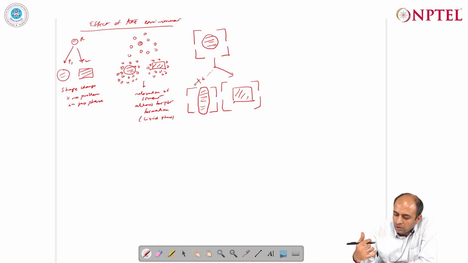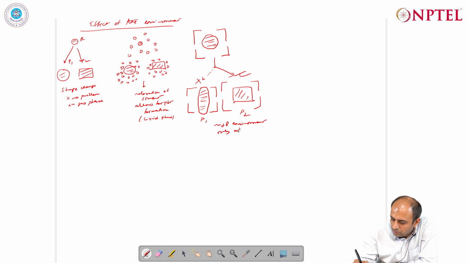If that boundary is crossed, it puts a lot of stress on the crystalline system, and therefore this product formation does not take place. Only this particular product, say for example P2, is formed, P1 is not formed, and therefore this rigid environment only allows certain shape changes.